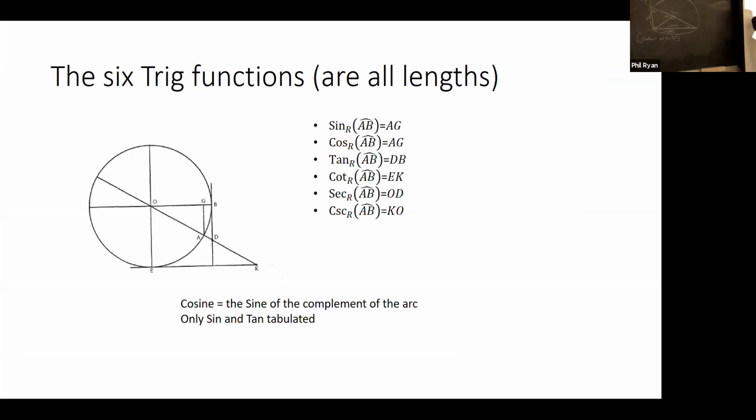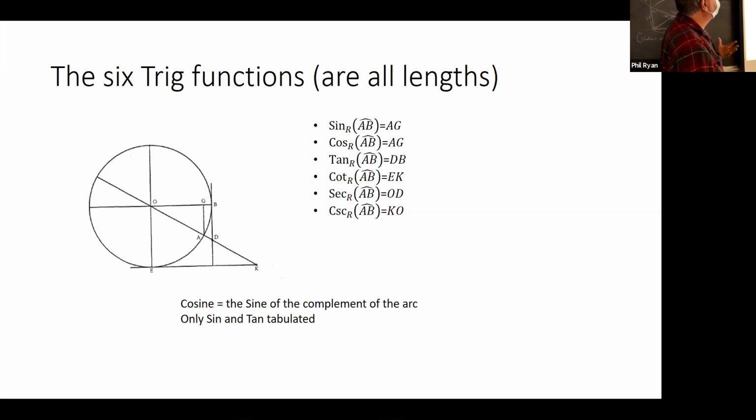And cosecant was KO, the length of this thing here. So all the trig functions were defined as lengths of various things that came from a circle, and it was all as a function of this arc length here, this arc AB, which we know is really the same thing as this angle here, because any angle gives you an arc, and any arc gives you an angle.